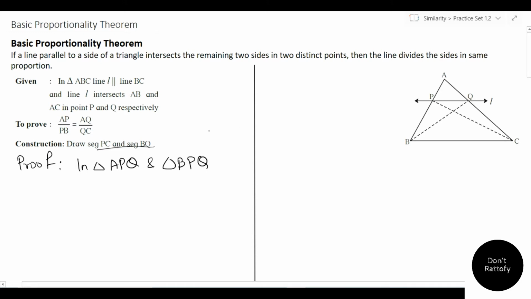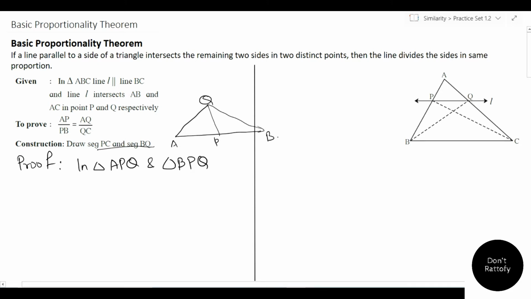To get a better perspective, I will draw a triangle here and tilt it so that we understand what we actually want. Q is here, A is here, P is here, and this is B.